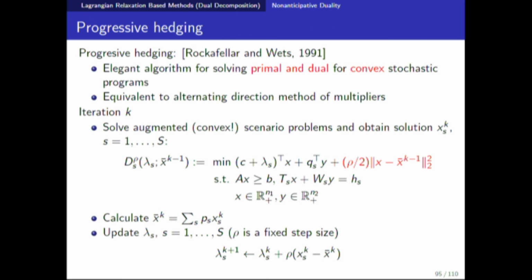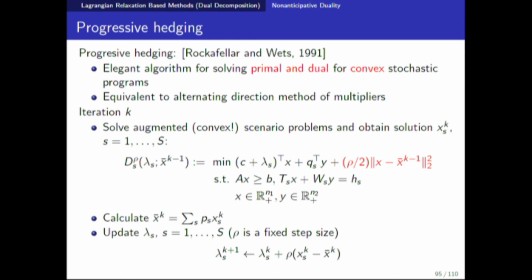So we regularize in that way. We solve these augmented scenario subproblems, we get the optimal solutions x^k_s for each of those, we average, and then we do an update based on that average. That's how we do our dual multiplier updates, where rho might be a fixed step size.